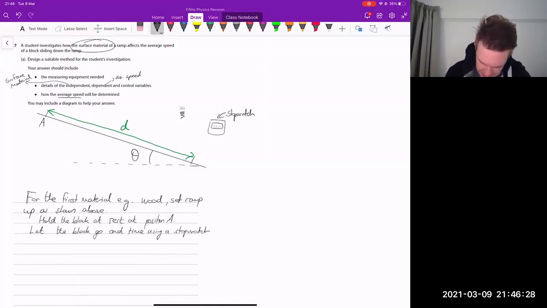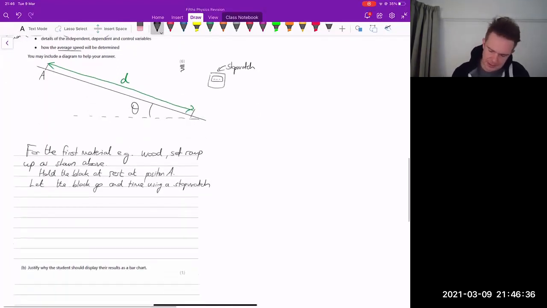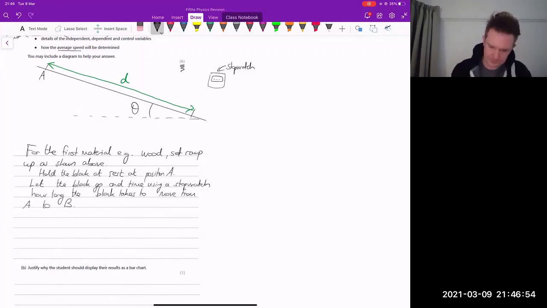Notice I've said what I'm measuring the time with: using a stopwatch. So let the block go and time, using a stopwatch, how long the block takes to move from A to B, or to the bottom.